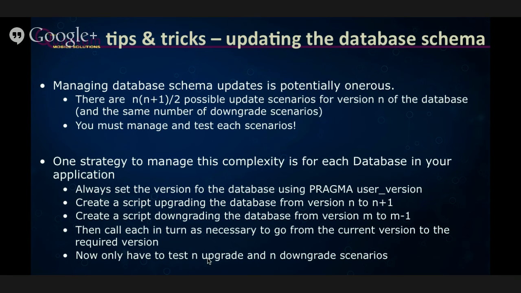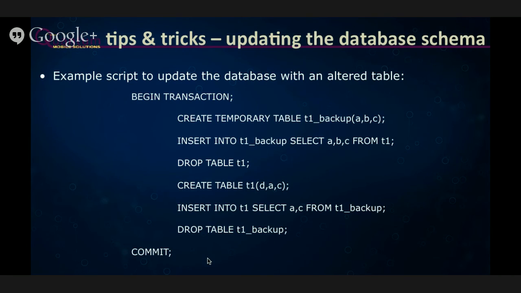Also, you're going to have to store those scripts as part of your app, because when version 7 gets installed, you don't know what version they're currently running. That's just an example of what you might do to handle an update scenario.